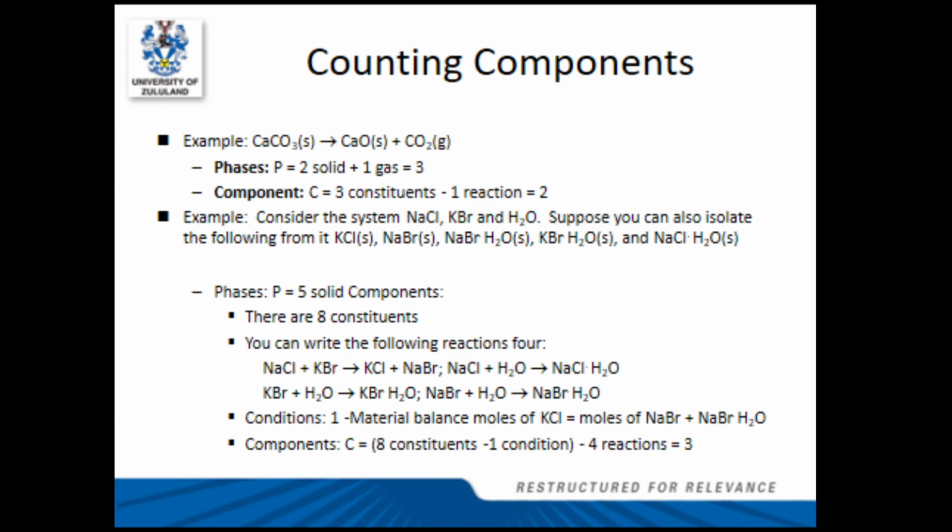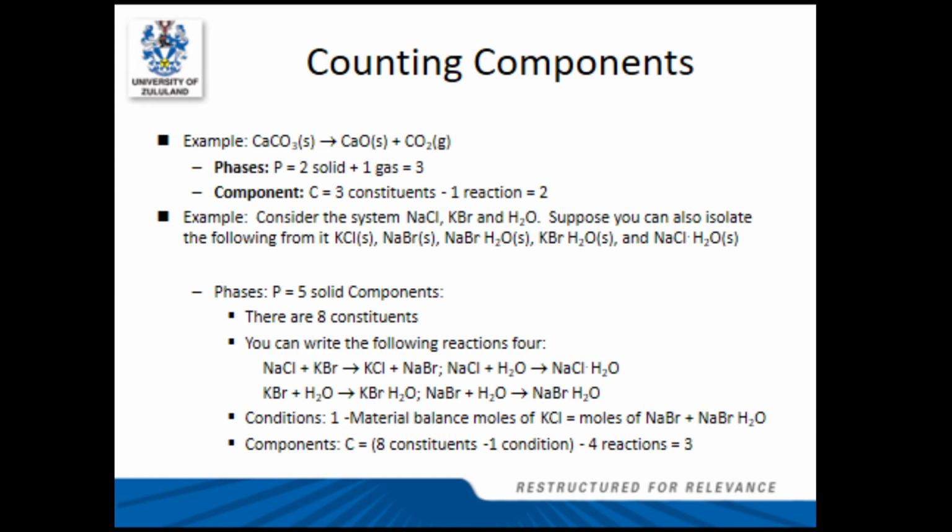If we want to calculate the number of phases, remember that when we talk about the phase, we said it must be uniform in chemical as well as physical properties. Calcium carbonate is a solid. Calcium oxide is also a solid, and carbon dioxide, and all those species are stable.